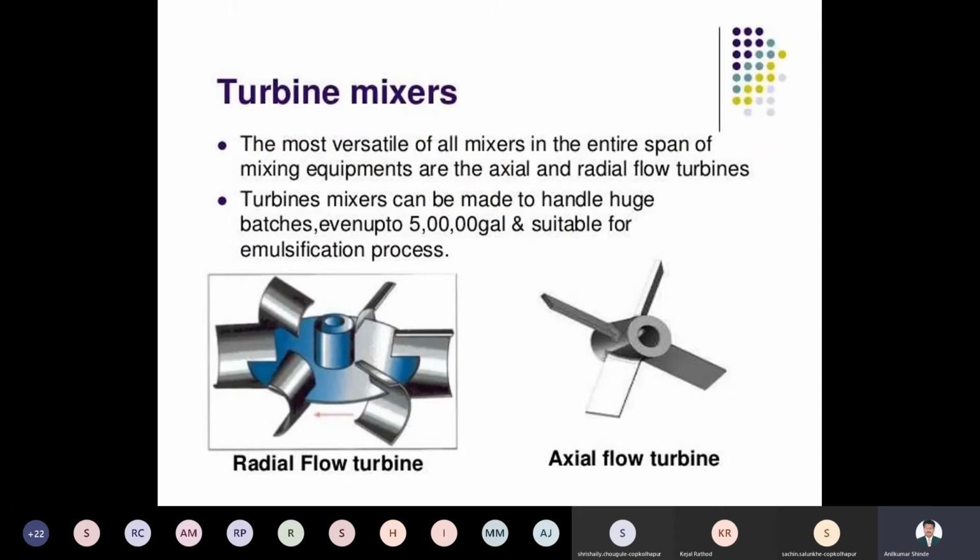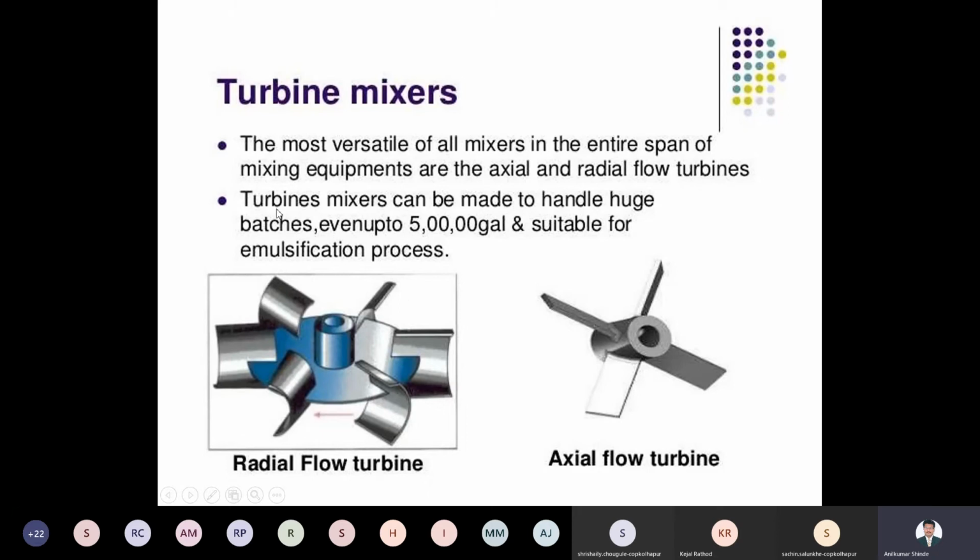So this is one more type of radial flow. What is called radial flow? This is one type of turbine mixer. We can create pressure, and with that pressure force, the flow pattern is radial flow. This disc is rotated in a circle, and with that circular rotation a radial flow is created.